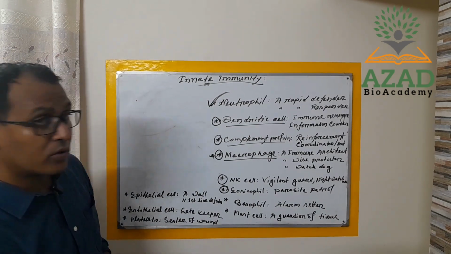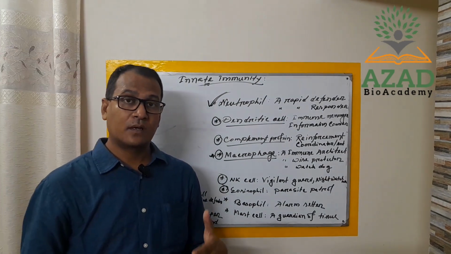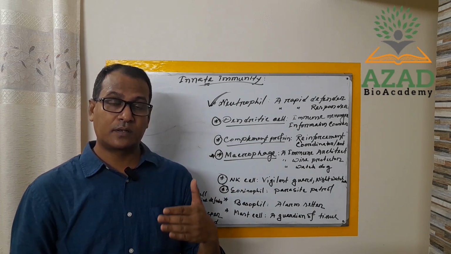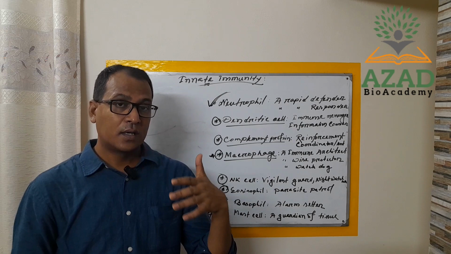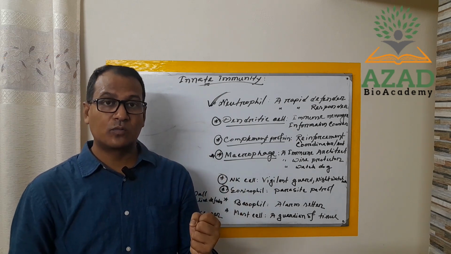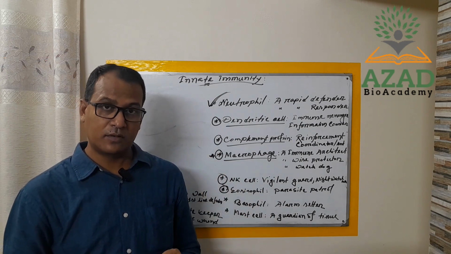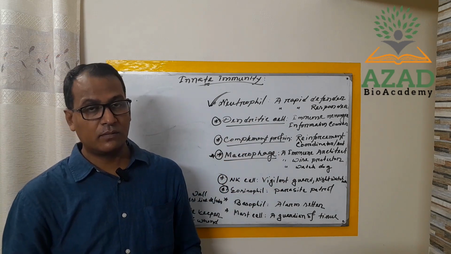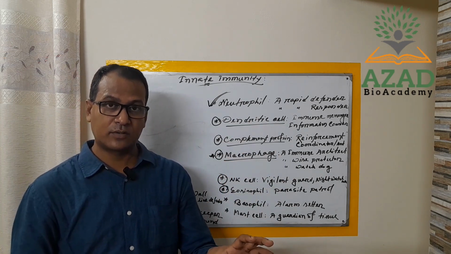Okay, so overall, in my next lecture, the topic will be how microorganisms are recognized by the immune cells, that is, the innate immunity cells, and then the next one will be on phagocytosis.